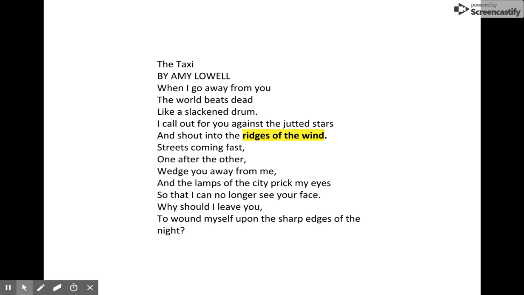So for instance, shout into the ridges of the wind. Okay, this is an example of assonance. It's the repeated short I sound in this line. Now, in this poem, it's used to really emphasize the breeziness of the wind and the breeziness of the blowing air as they're shouting out into this anonymity.